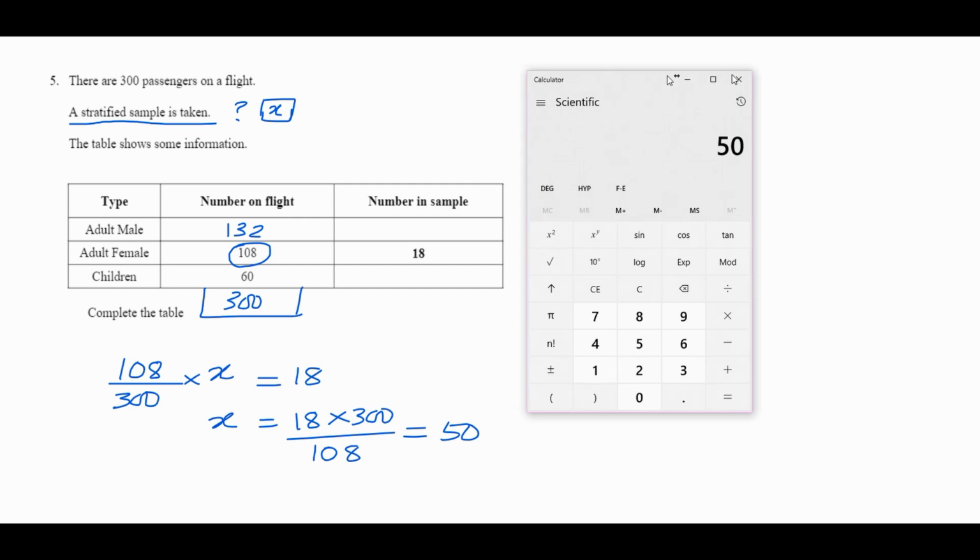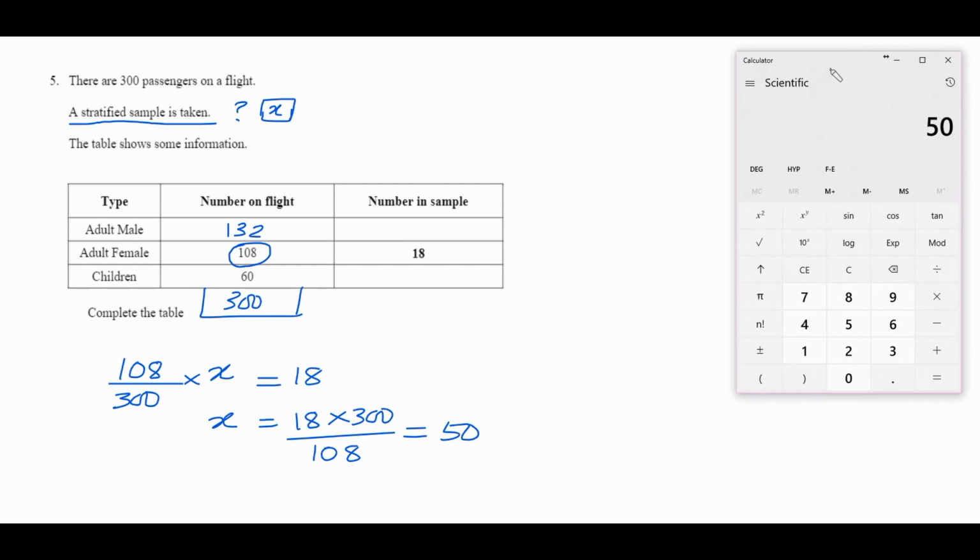So put that to the side. 50 is the sample size, which means what is the number in the sample here for adult male. So adult male equals 132 over 300 times 50.